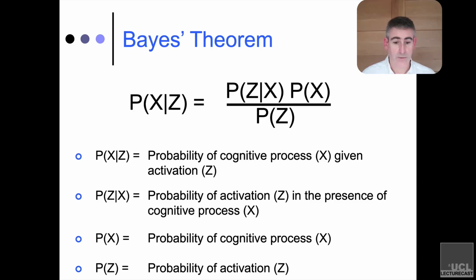And this is the formula. What this is telling you is that the probability that you're in this cognitive state X, given activation in brain region Z, is equal to, and then the rest of this equation, right? So I'm not going to sling you through it. You can take your time and go through it if you want. But what I want to do is instead give you an example.